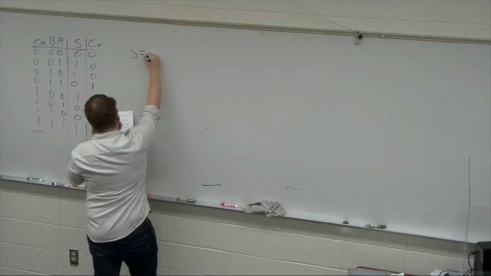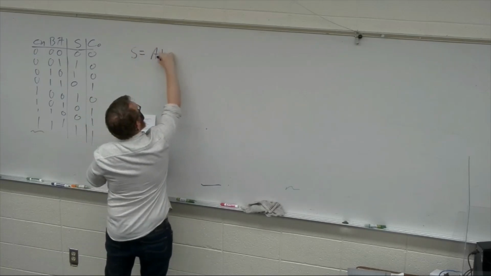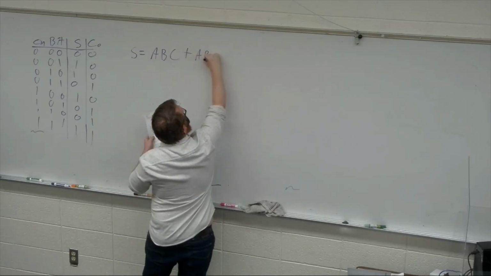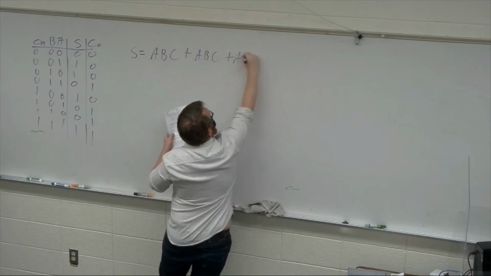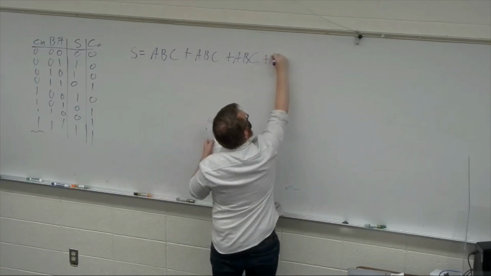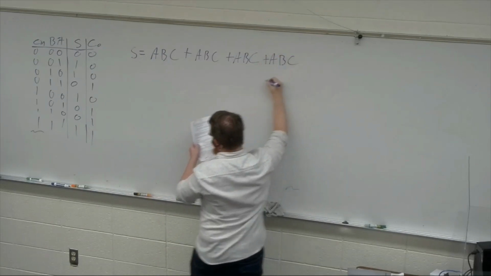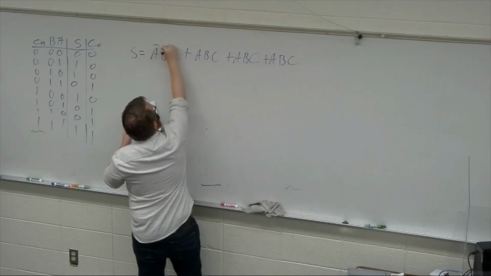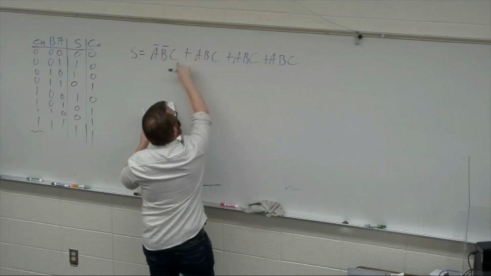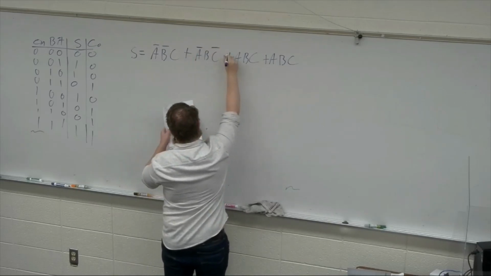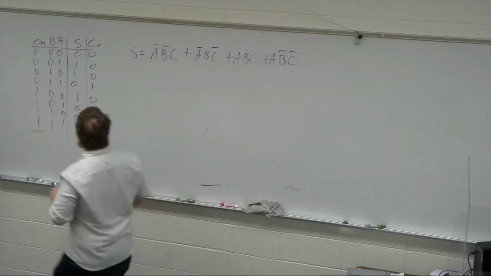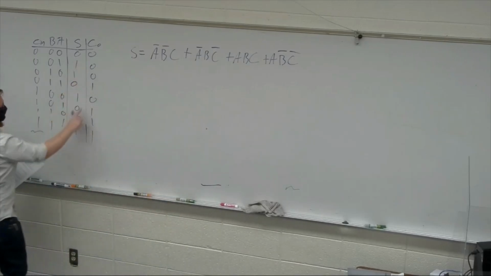This is equal to A, B, C. I'm just writing C for seeing. Right, so that's just stolen directly from the truth table. There are four terms.